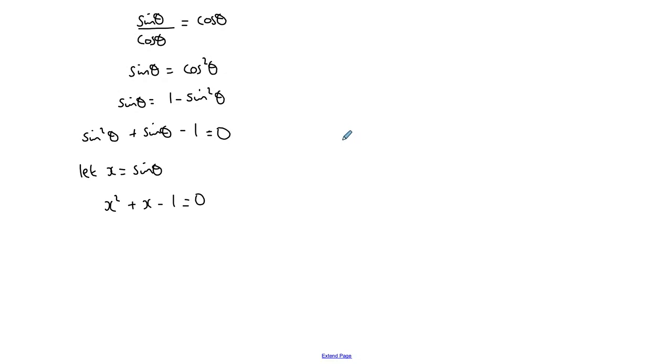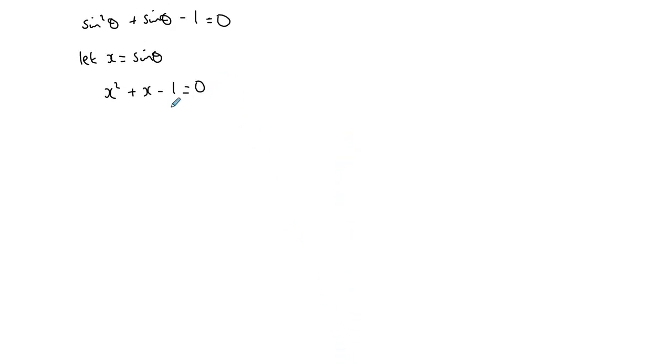Now that's a quadratic, but it doesn't solve nicely, so we're either going to need to use the formula, use completing the square, or use our equations button on our calculators. And I'm going to use the calculator. They're not going to expect you to do loads of working out when this is within a question.